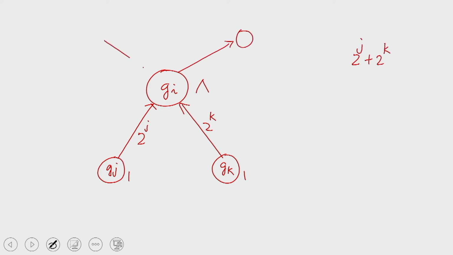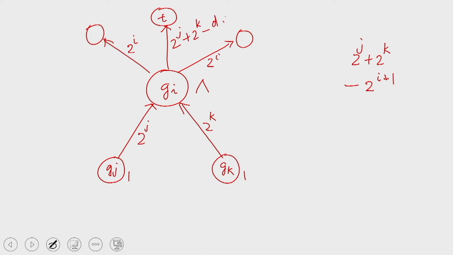And let us say Gi drives two inputs. Since Gi evaluates to 1 here, on these edges it would be putting out a flow of 2 power I each. So the net inflow is 2 power j plus 2 power k, and the net outflow is 2 power I plus 1. And the edge that is from Gi to T is going to get 2 power j plus 2 power k minus d into 2 power I.